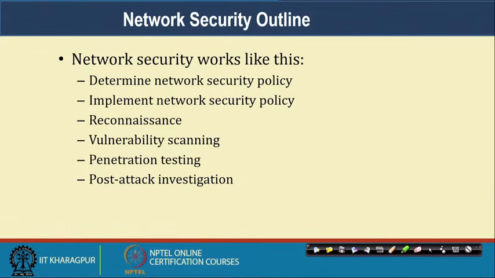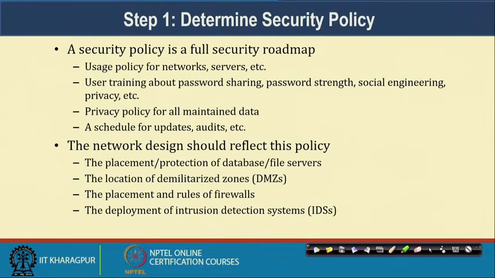So, one is determining, then implementing, then the other aspects are reconnaissance, then vulnerability scanning, penetration testing, post attack investigation. So, these are the different steps towards securing a network. We will look at the steps one by one, what the different aspects of network security are, right. So, how to go about these network security aspects.